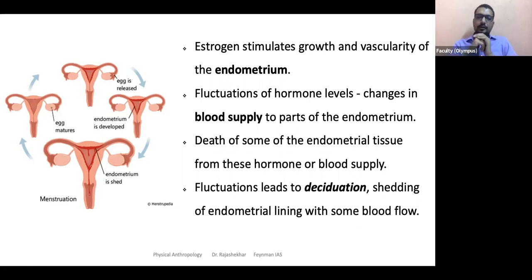Instead, the blood supply fluctuates, hormones fluctuate, and the endometrial layer dies. Thereby it leads to deciduation, or basically death of that tissue, and this leads to the menstruation process.